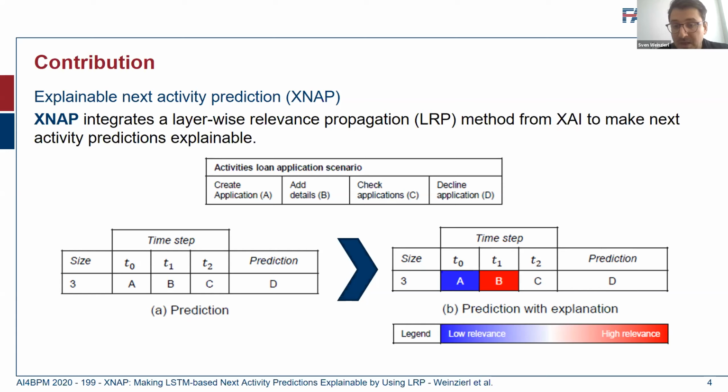As you can see here, the activity B is marked red. Red means high relevance, blue low relevance. So we can see here that B, maybe 'add details', has a high relevance on the decline application activity. So someone can say maybe some details are missing, and that could be a reason for the decline of the application.